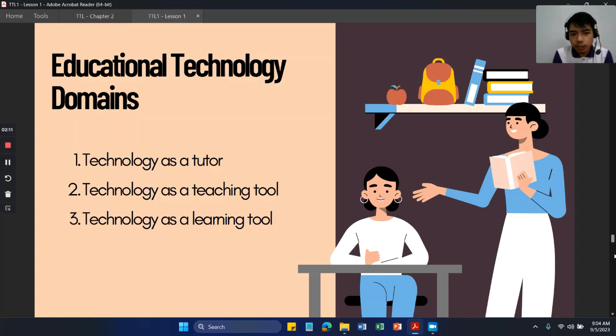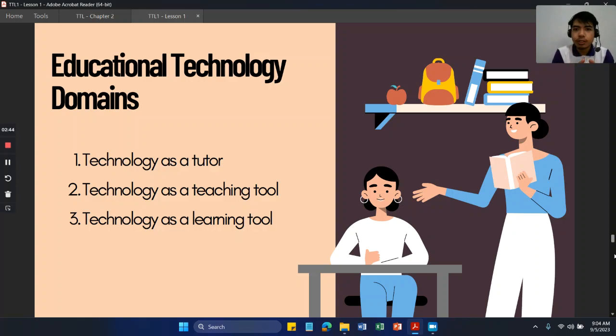Then, if we will consider the use of technology as a teaching tool, remember na ginagamit na po natin itong mga materials na to during our class discussion. The teacher, he or she is the one who will facilitate yung mismong discussion natin. So that's how technology can be used as a teaching tool. Another example, for instance, itong ginagawa po natin, the PowerPoint presentation that I provided or that we are utilizing for the class is an example of a teaching tool.